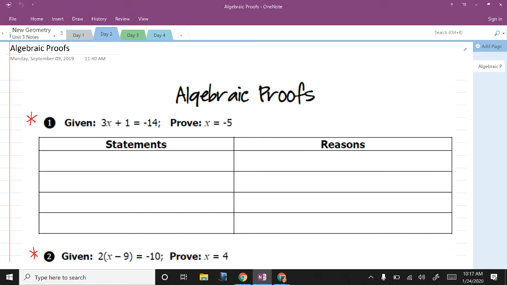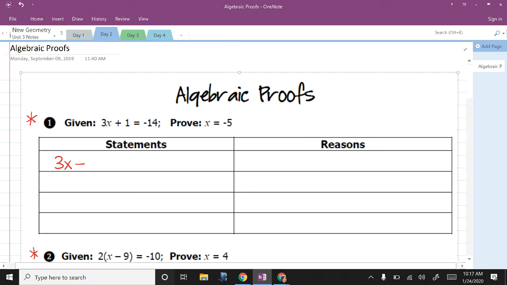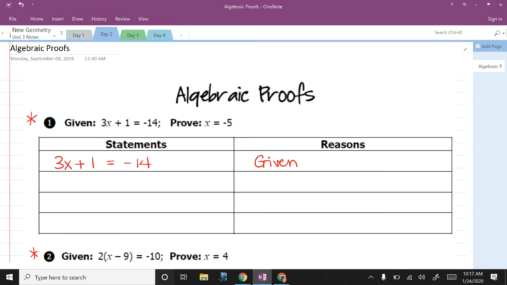When you're doing a proof completely by yourself, your first statement is the given. So given is 3x plus 1 equals negative 14. And that reason is going to be given. Sometimes your statements are numbered and sometimes they're not. I actually prefer them not numbered because when we start doing geometric proofs, you can do things in different orders.